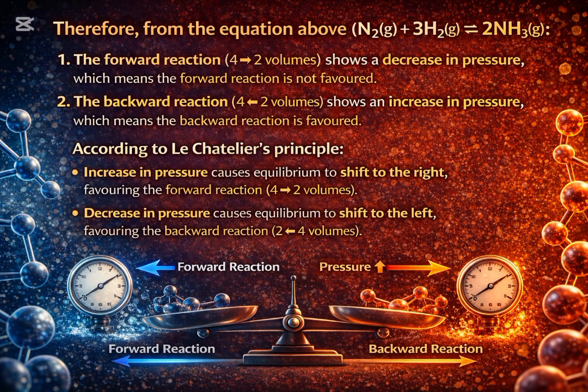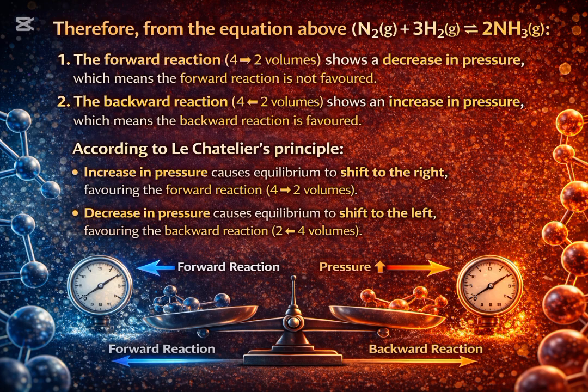So we are forcing the 4 volumes to compress or to be converted to give us more of the product. So mathematically, if initially we have 4 to 2, by the time you increase the pressure, we are going to have 3 to 3. Then if the pressure continues to increase, we are going to have 2 to 4, 1 to 5, and finally 0 to 6.